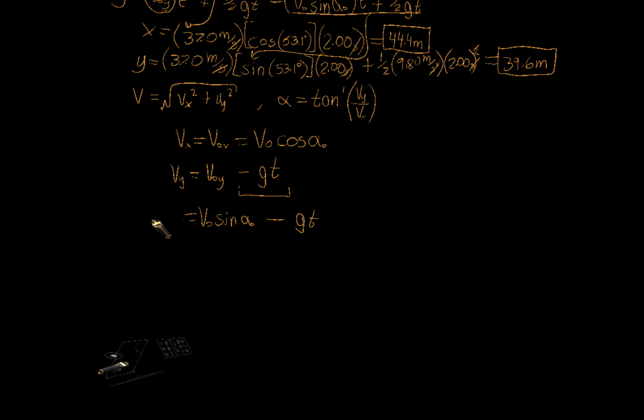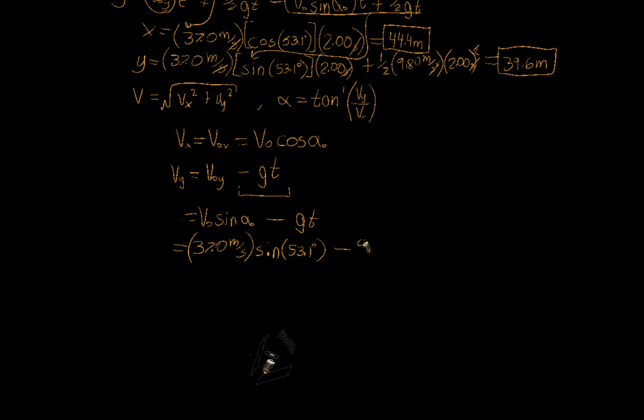And so v naught is 37.0 meters per second sine 53.1 degrees minus 9.8 meters per second squared times 2.00 seconds.